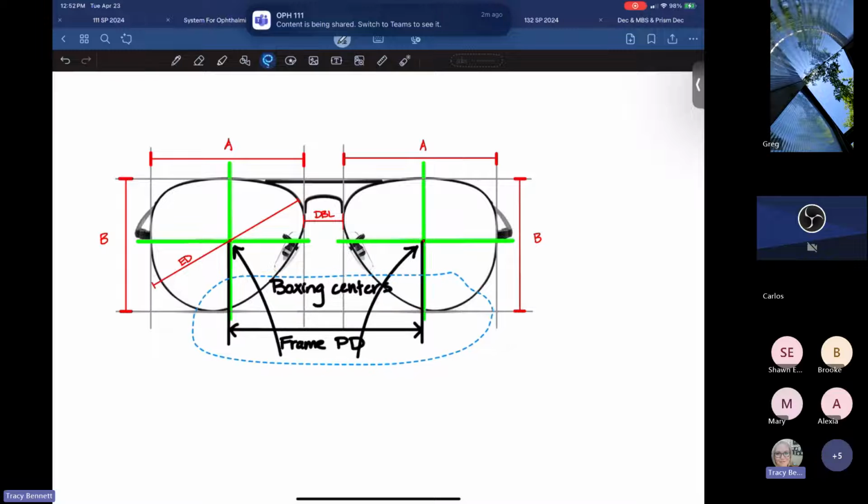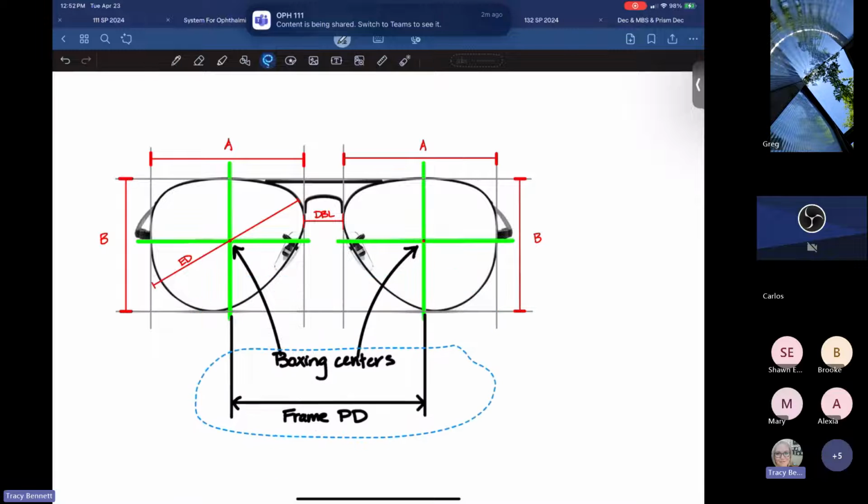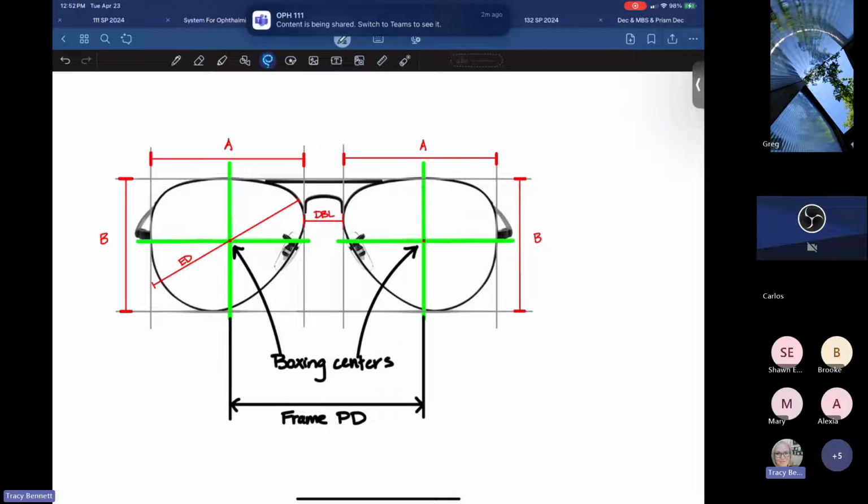But ultimately, what we're trying to find is where this boxing center is in reality, because you don't have the opportunity to sit down and box this frame out and really find where that boxing center is, and then measure that on each of the lenses. You just don't. So this A plus the DBL helps you figure that out.